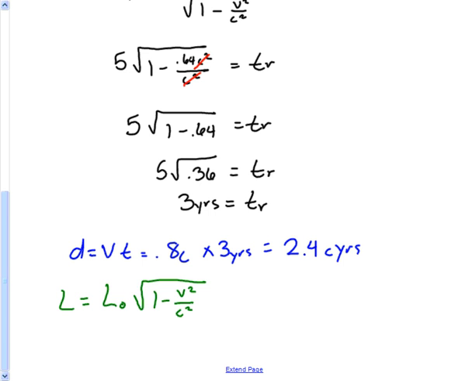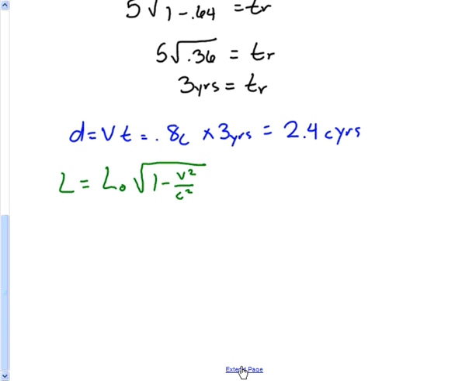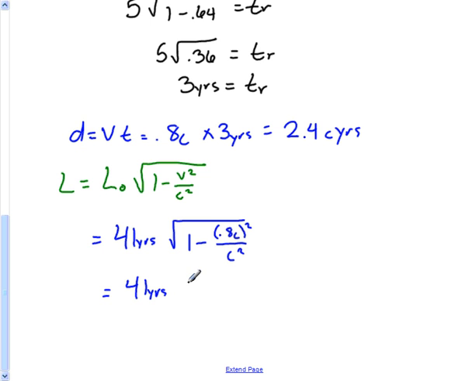So let's check this in terms of our problem. The original length was 4 light years, and we multiply by the square root of 1 minus 0.8c, that whole thing squared over c squared, which gives us 4 light years times the square root of 1 minus 0.64, which again gives us 4 light years times the square root of 0.36.